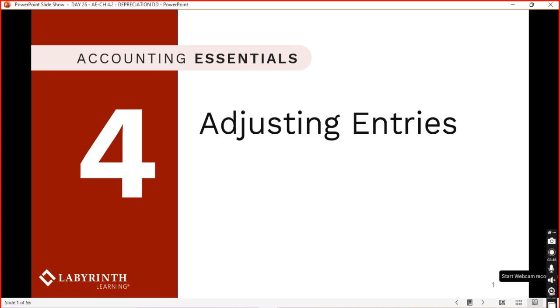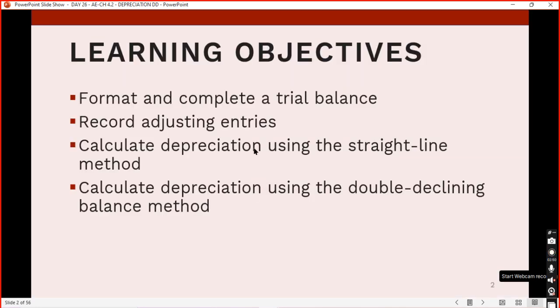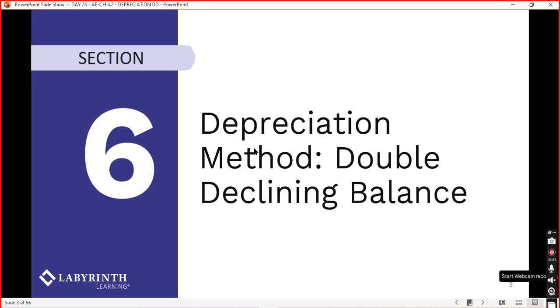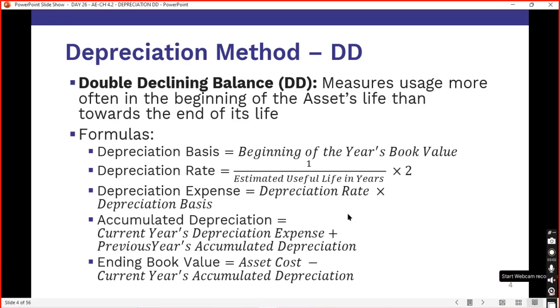I'm showing you the difference between the 3 because of the way that you're using the asset is why we would consider the following. The next one we're going to talk about is the double declining method, also known as the accelerated method. What makes double declining different from units of production?